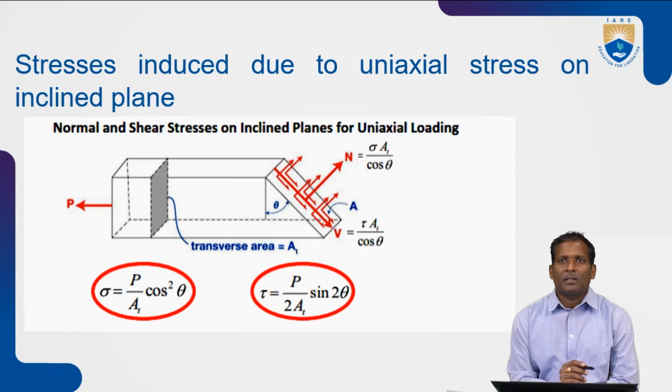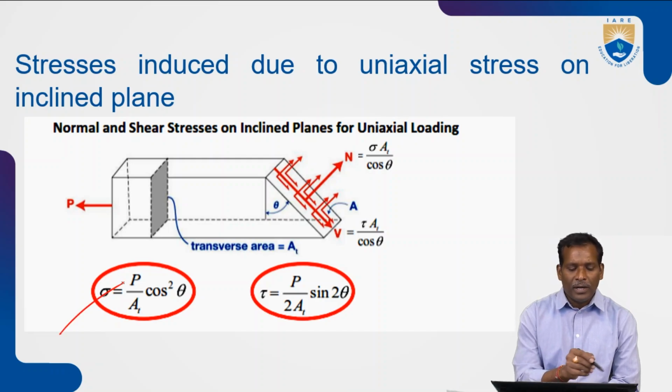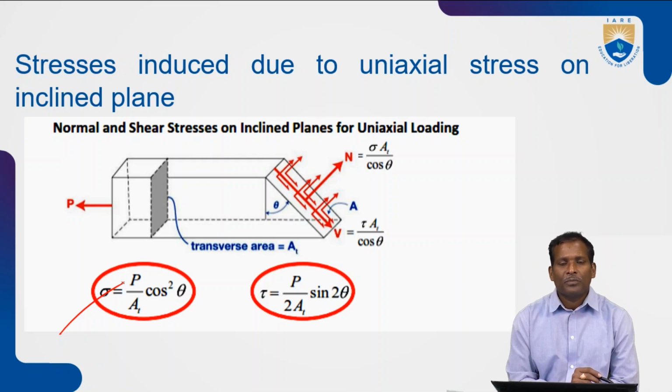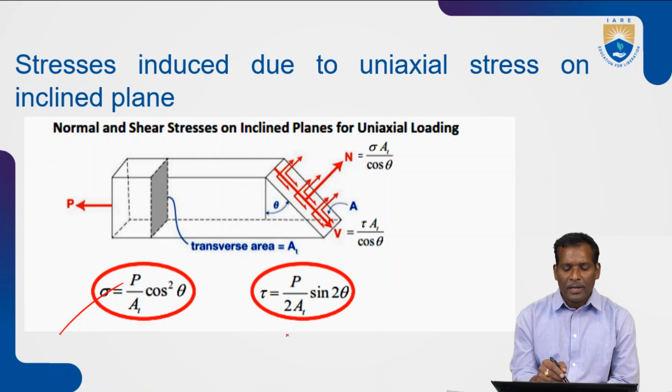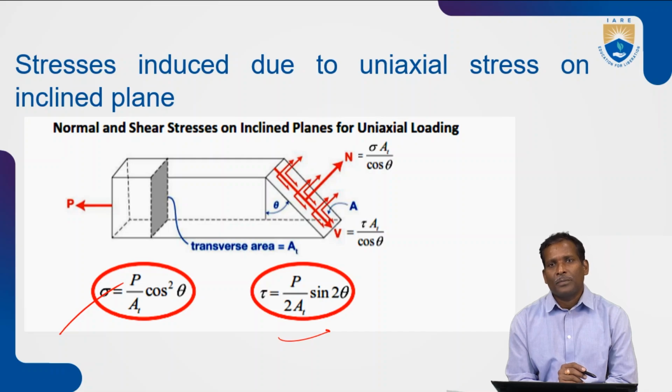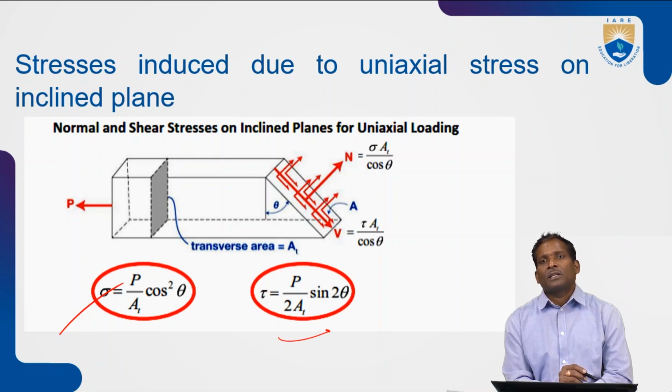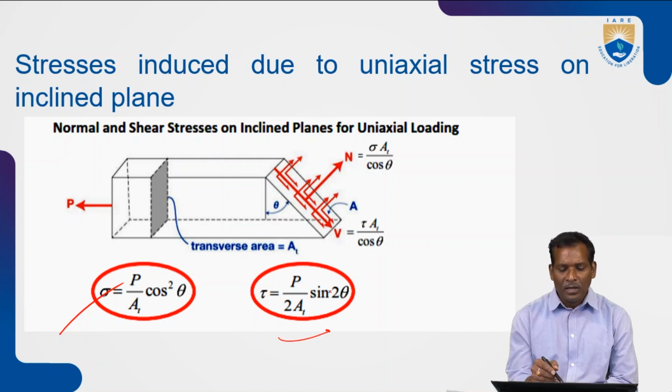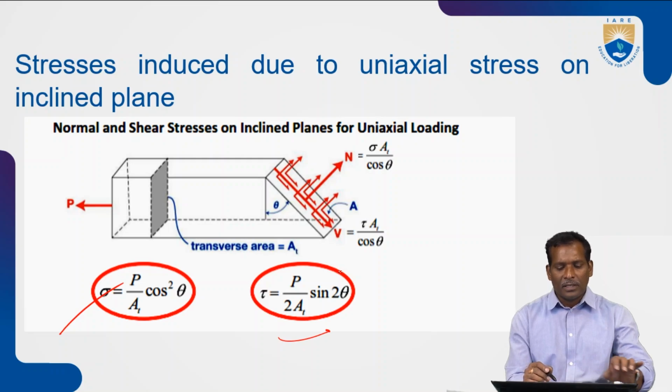Normal and shear stress on inclined planes for uniaxial loading are shown here: the normal stress sigma is equal to P by A into cos square theta, and similarly the shear stress is equal to P by 2A into sin 2 theta. Actually, the shear stress occurs at this inclined plane.